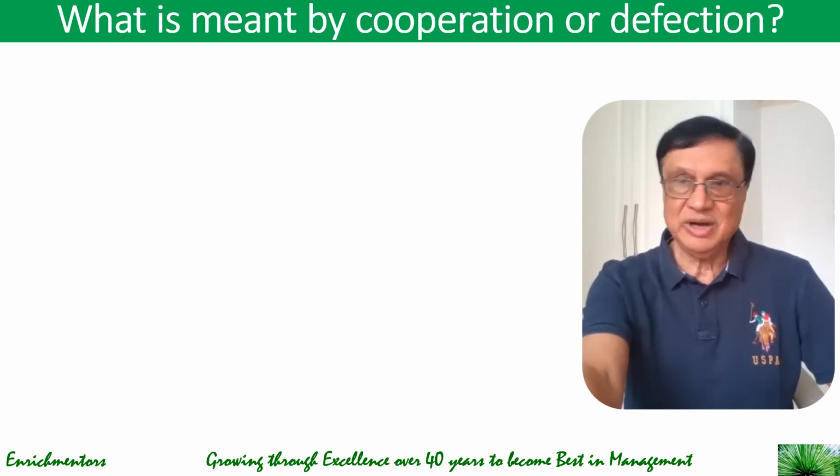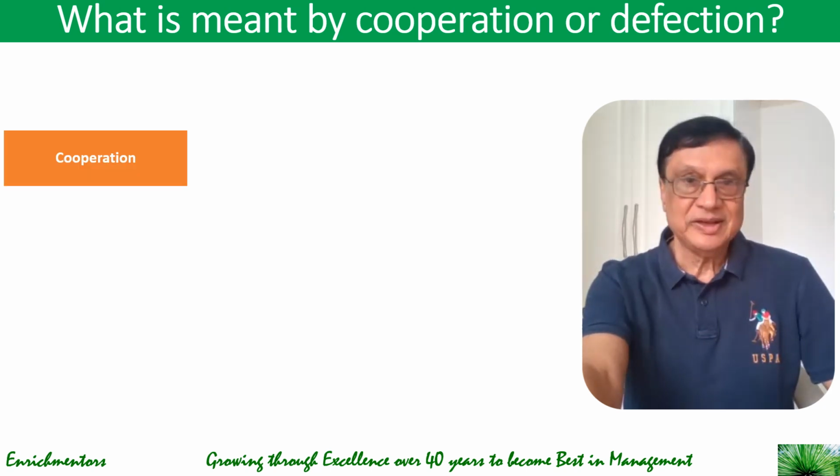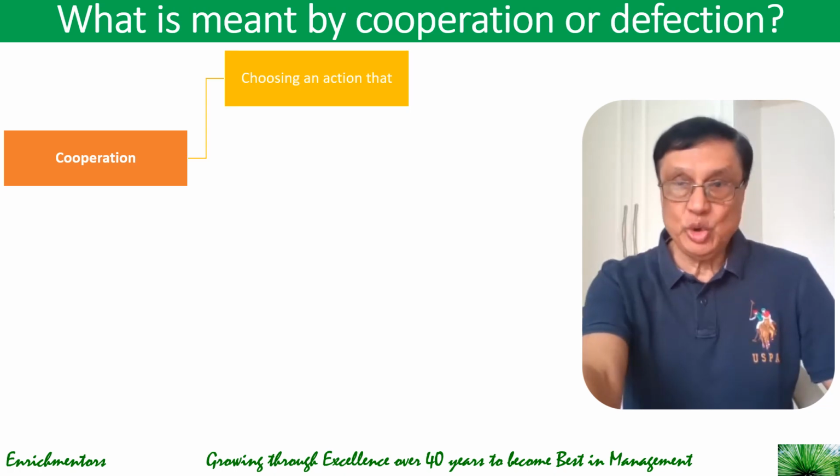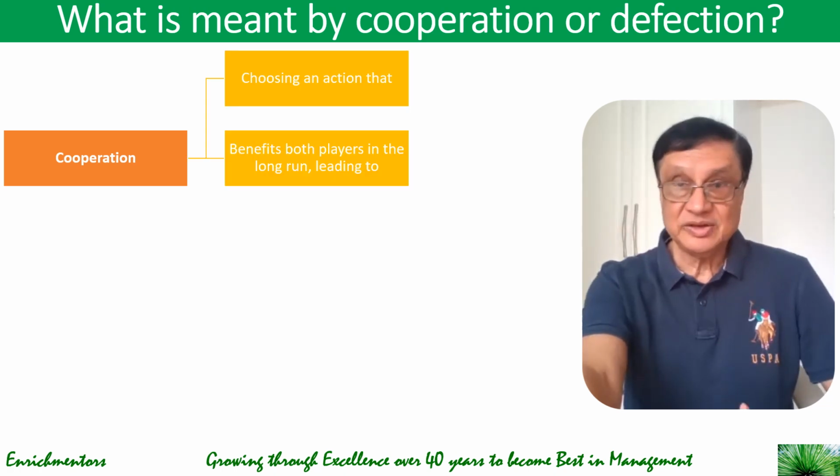For example, a prisoner's dilemma or anything else. Now, what do these terms mean in various potential strategies? Cooperation basically means choosing an action that benefits both players in the long run. So the long run is under consideration.